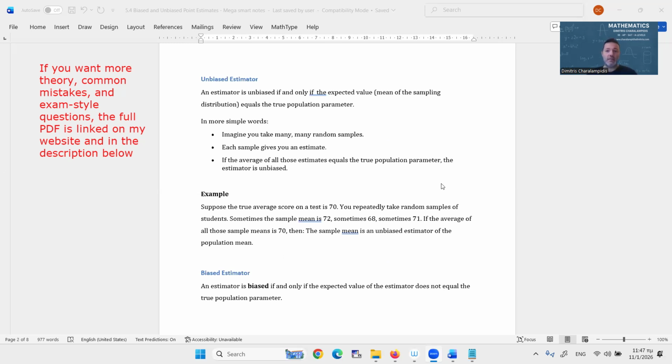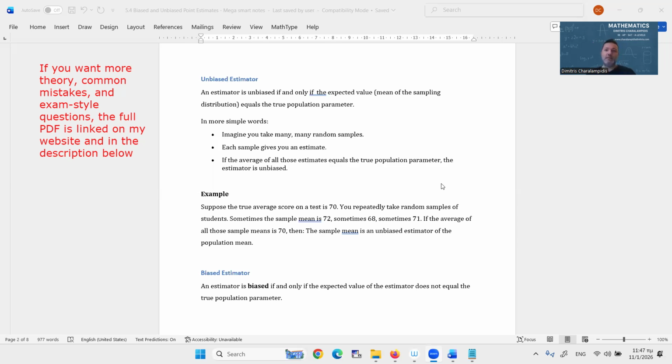Now, I said expected value of the estimator. What does that mean? Expected value is the mean. The expected value of an estimator is the mean of the sampling distribution of that estimator.